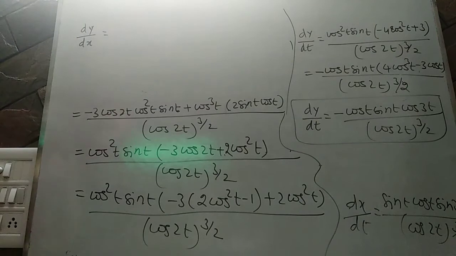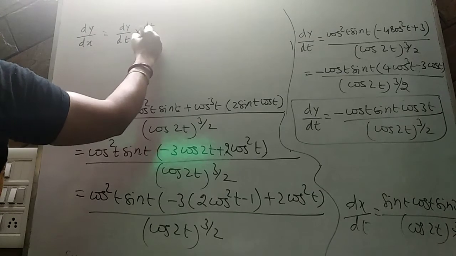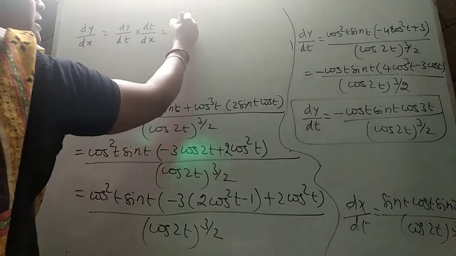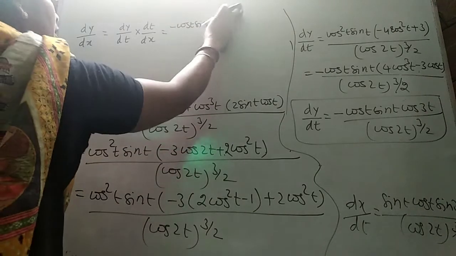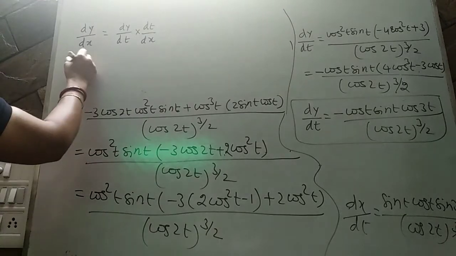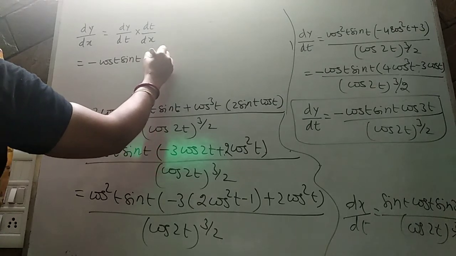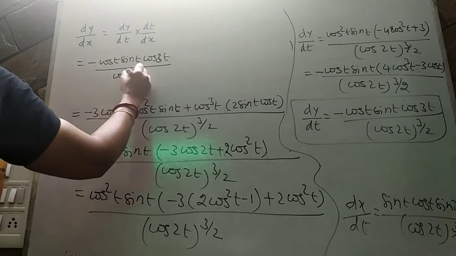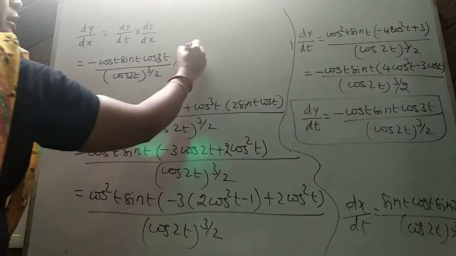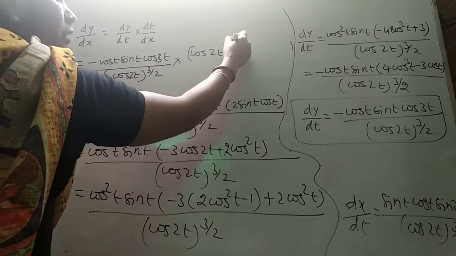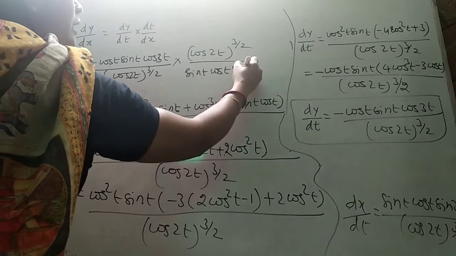Let me finish dy by dx. So dy by dx equals dy by dt into dt by dx. For dy by dt we have the result minus cos t into sin t into cos 3t, the whole upon cos 2t whole power 3 by 2. Taking the reciprocal of dx by dt, we get cos 2t whole power 3 by 2 upon sin t cos t into sin 3t.